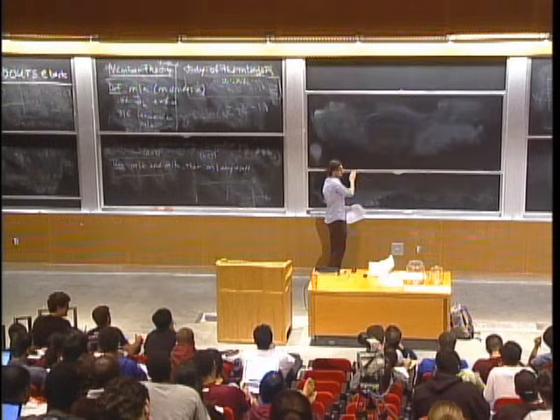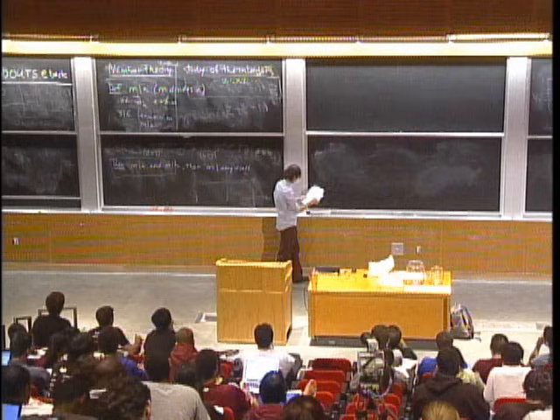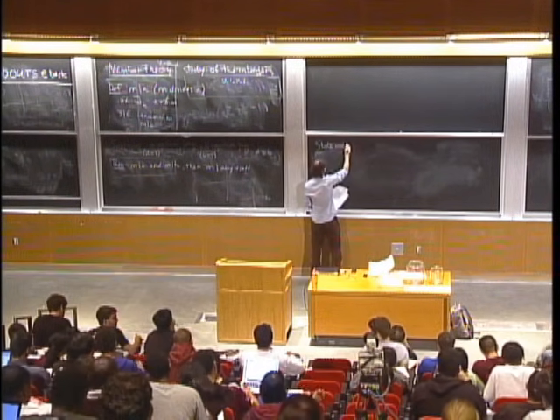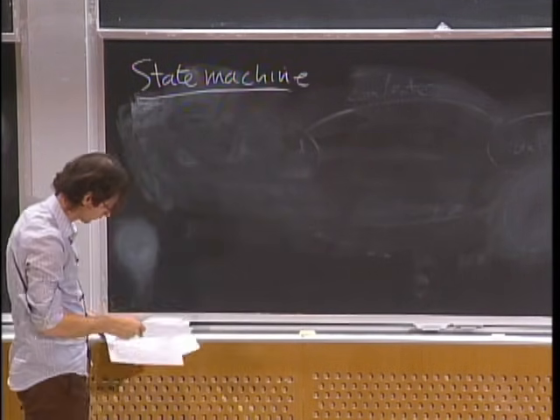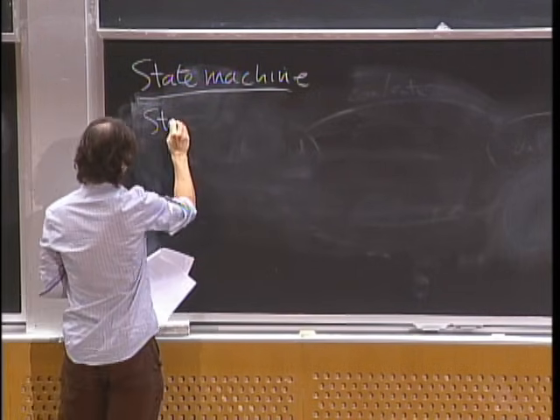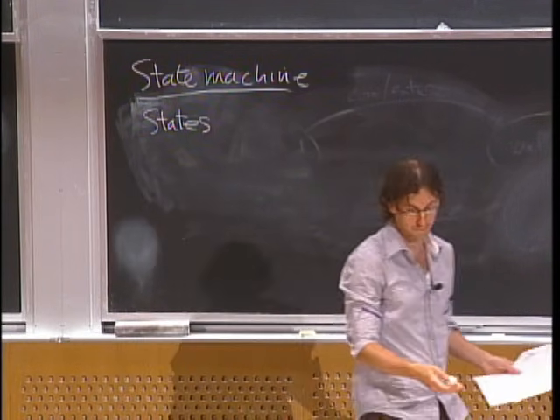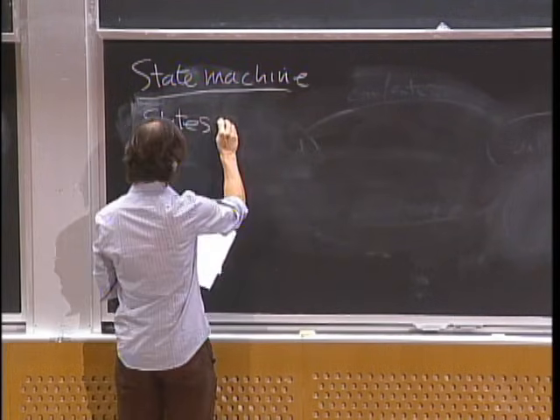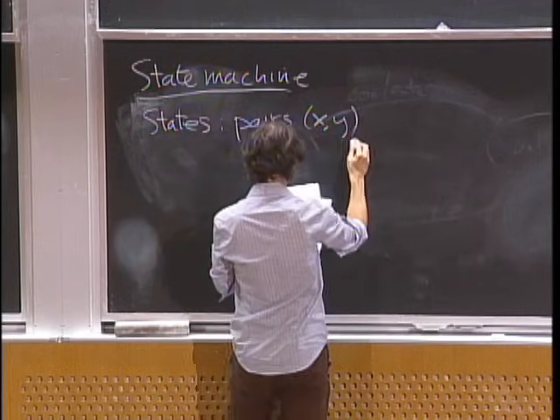Well, the state machine that we're going to use here looks like this. First of all, the states that we have are the number of gallons that are in these two jugs. So we will denote those by pairs x, y.